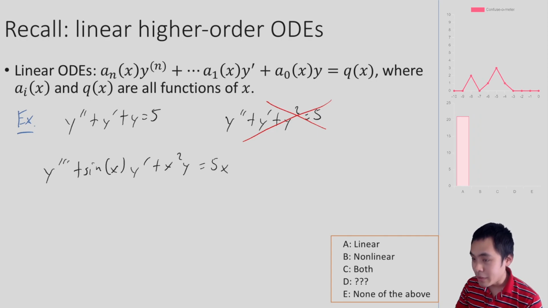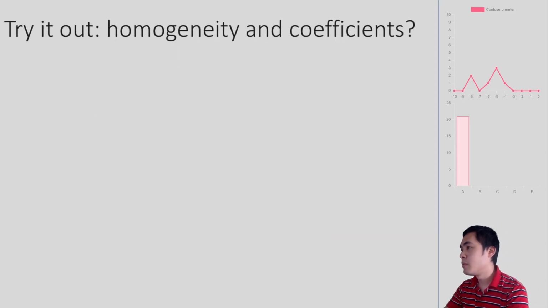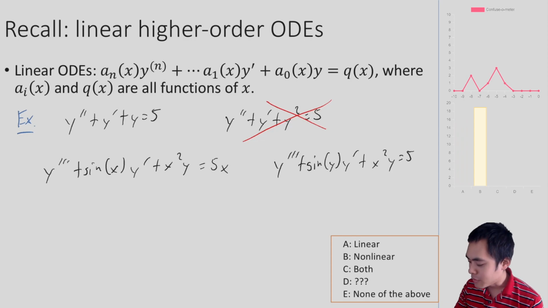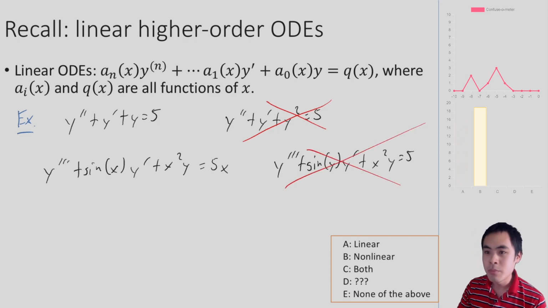What about y triple prime plus sine of y prime plus x squared y is equal to 5? Is this linear or nonlinear? Okay, so you understand linearity and nonlinearity. Very good. Let me give one last one.